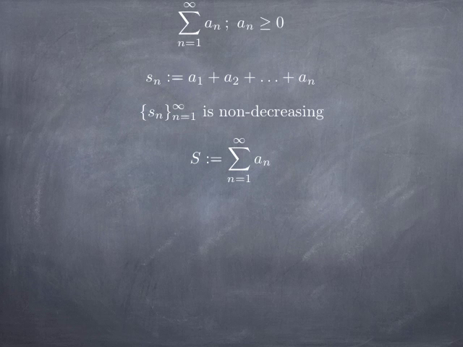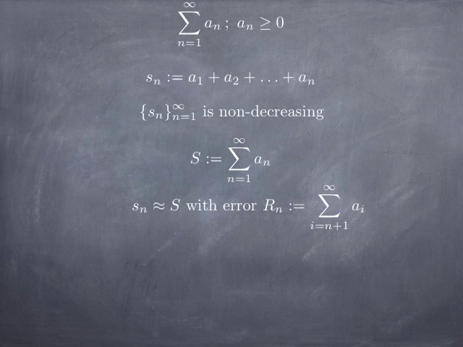So we add the first n terms together, and that's an estimate of adding all of the terms. And this estimate, estimating the sum S by a partial sum S_n, gets better and better as n increases. So as we add more and more terms, we get closer and closer to the actual sum.